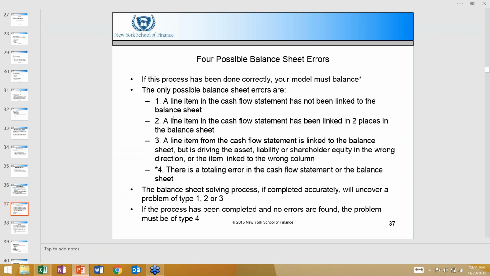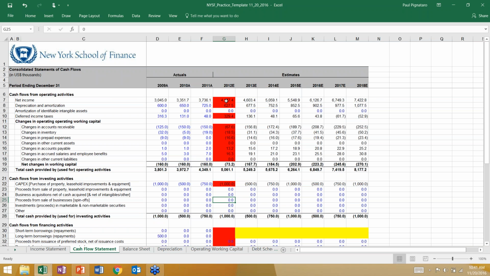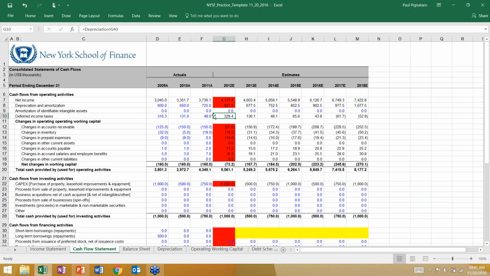There's a line item in the cash flow statement that has not been linked to the balance sheet. In other words, this is why I recommend highlighting things. If you've gone through the whole process and realized there is a value that you didn't highlight, meaning you did not link it to the balance sheet, your balance sheet would be out of balance.